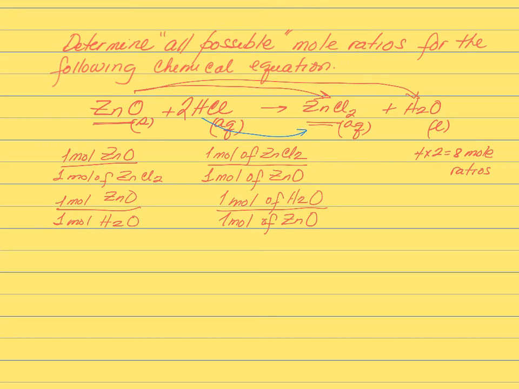Continue with the second reactant. If 2 moles of hydrochloric acid were used, only 1 mole of zinc chloride will be produced, and the reciprocal, 1 mole of zinc chloride will be produced if 2 moles of hydrochloric acid are used.